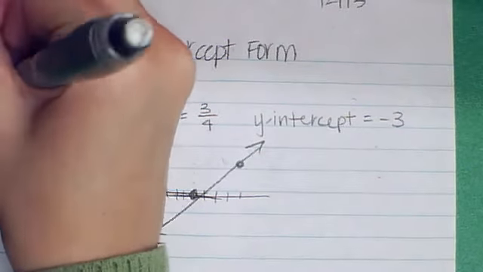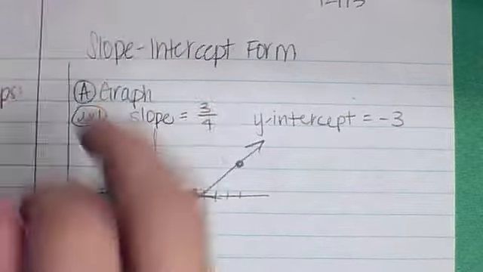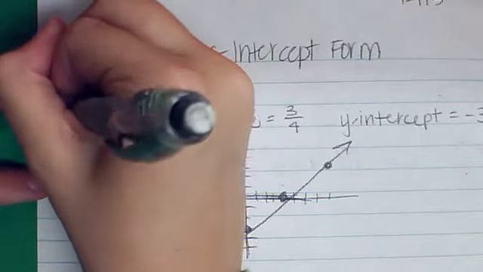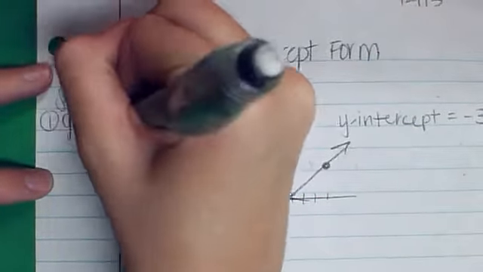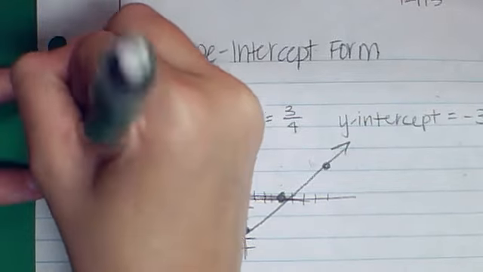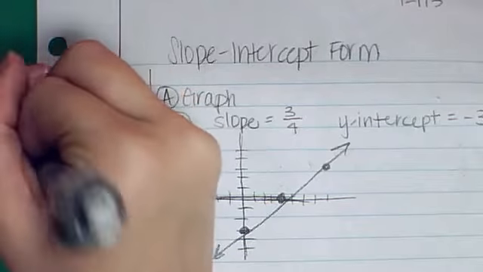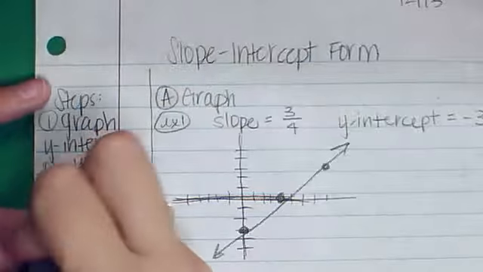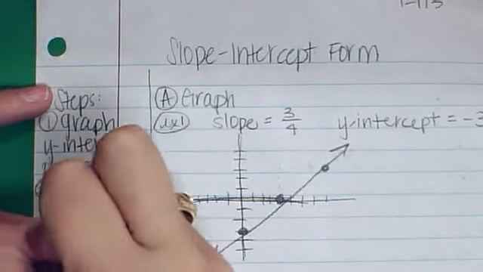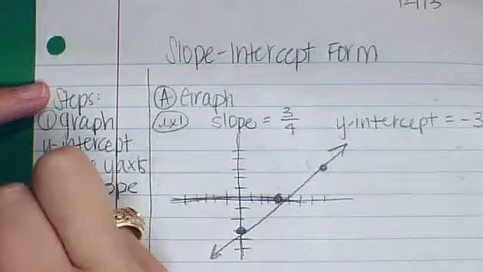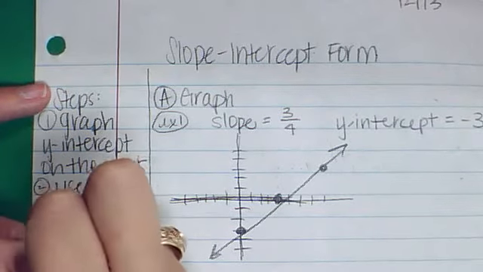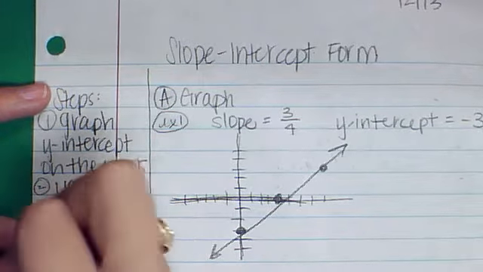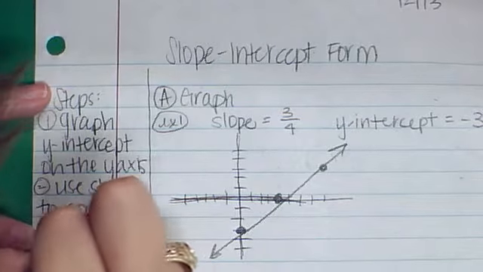Let's write the steps out to the side in your Cornell section. Step number one was to graph the y-intercept on the y-axis. Step 2 was to use the slope to count rise over run.